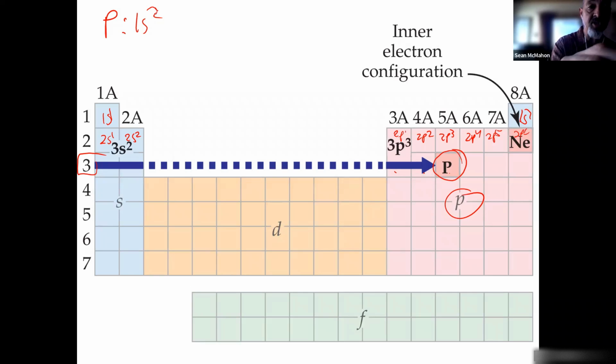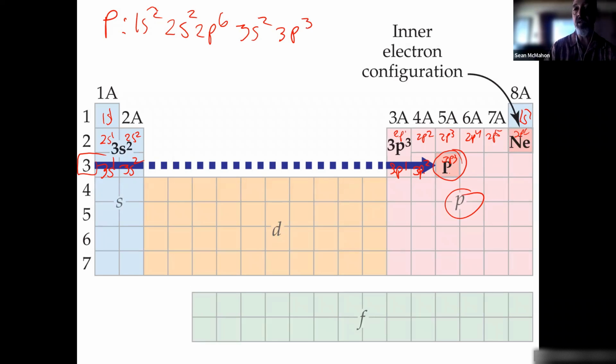So the second energy level's filled, I go 2s2, 2p6. Then I go to the 3rd energy level, 3s1, 3s2, 3p1, 3p2, 3p3, and I could write 3s2, 3p3.